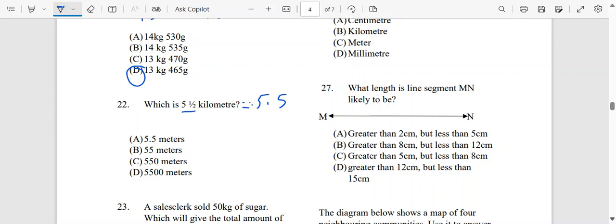Moving from a larger unit to a smaller unit, the operation there is to multiply. So of course we multiply 5.5 by 1,000.